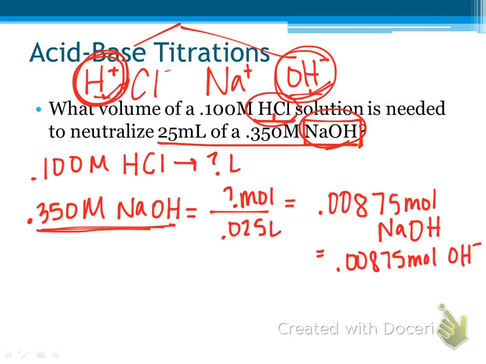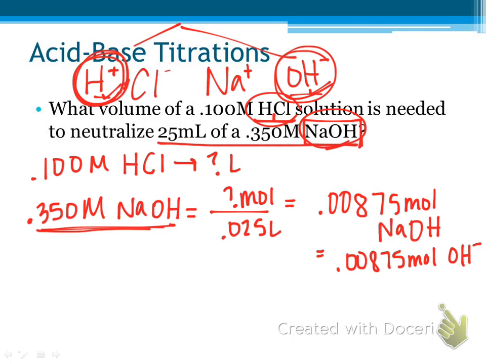To find the number of moles, all I did was multiply 0.025 times 0.35, right? And I got 0.00875 moles. Do we agree with that?